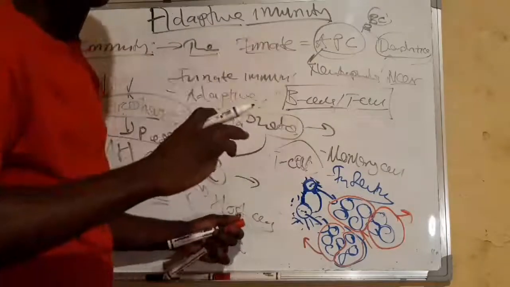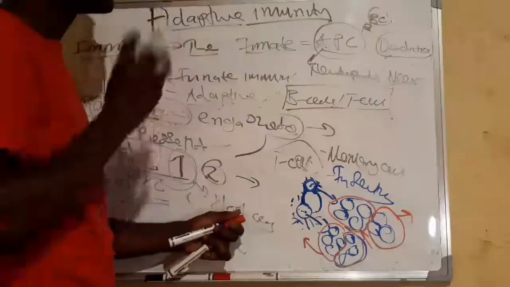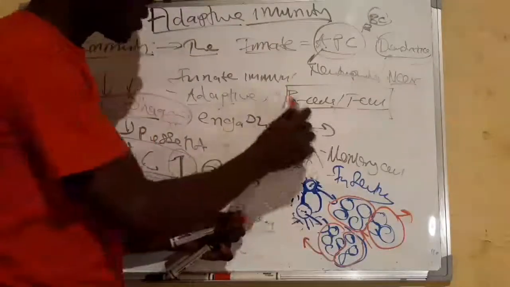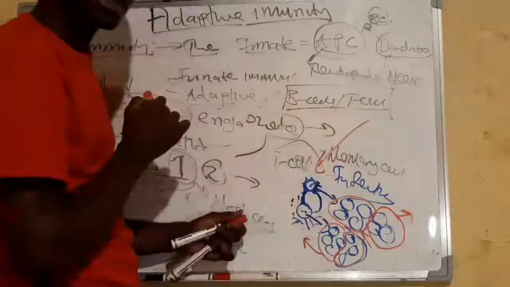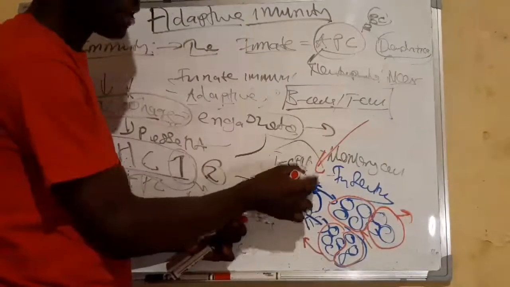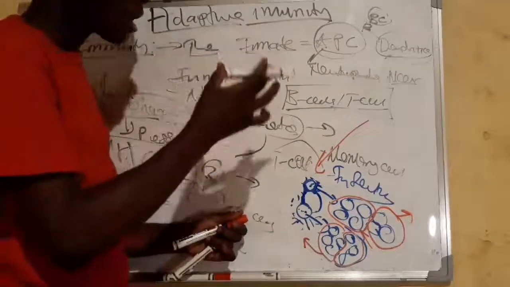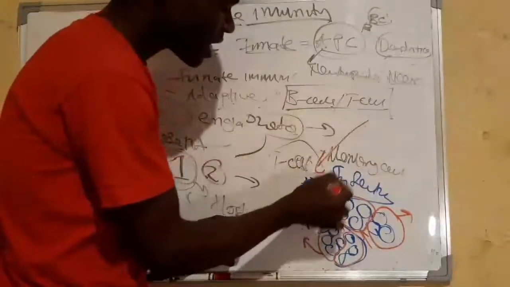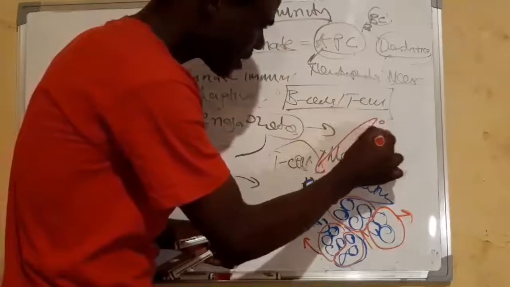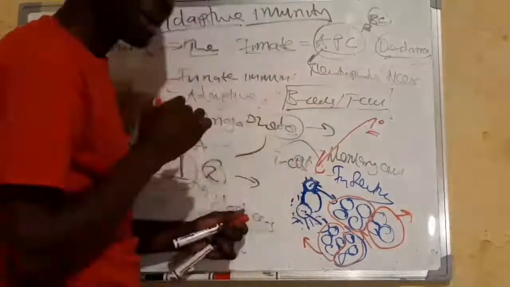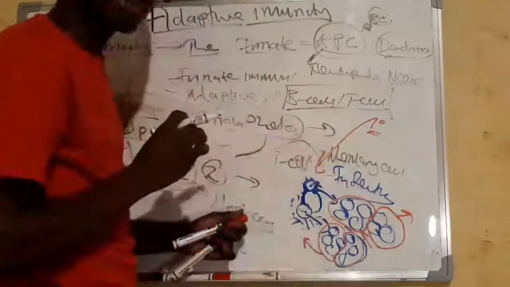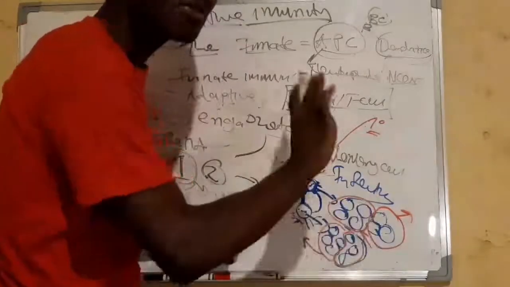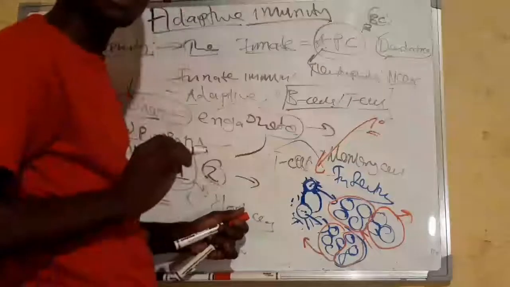So that's how the name adaptive immune system came about: after the pathogen enters here, this one engulfs it, becomes activated, and proliferates into memory and effector cells. This is the first time the pathogen is entering the body.